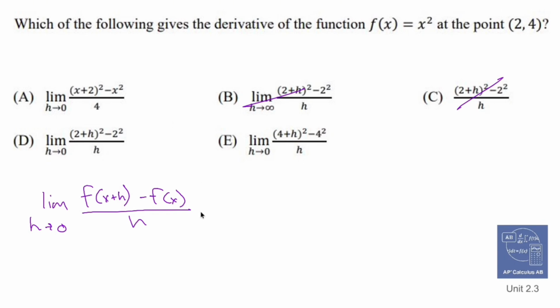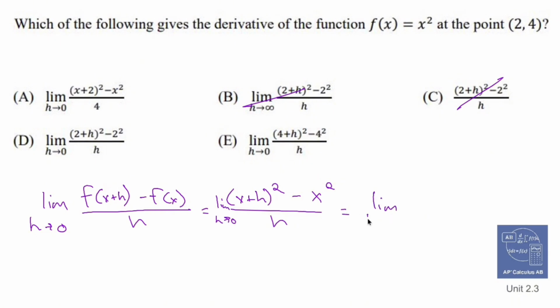Okay. Now, f of x plus h means I'm going to take f of x and replace every x with x plus h. So you become x plus h squared minus f of x, which is just x squared, so x squared, all over h. And it's the limit as h approaches 0 of that.